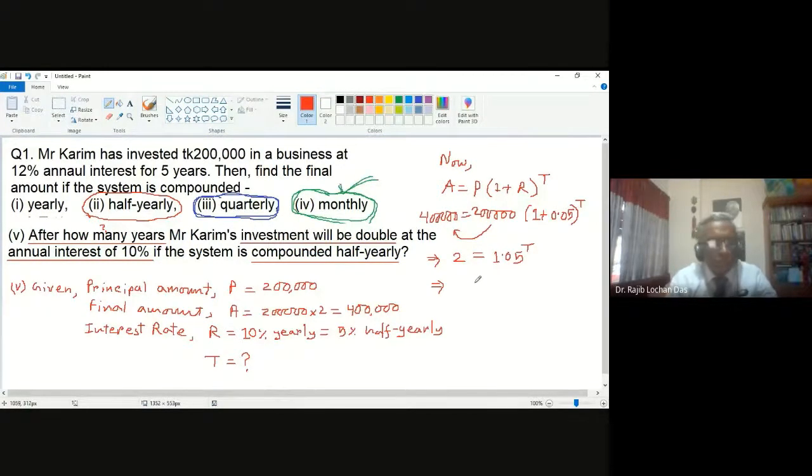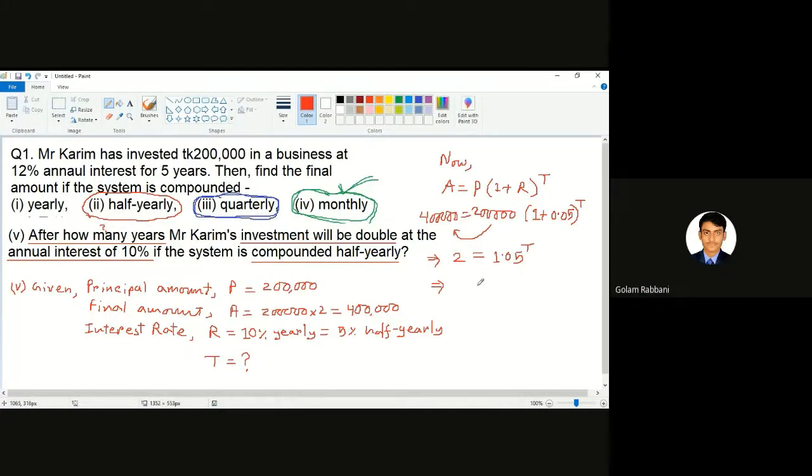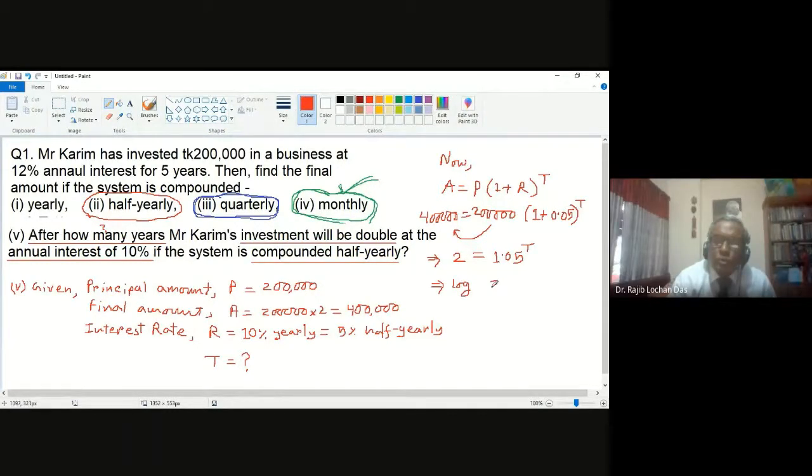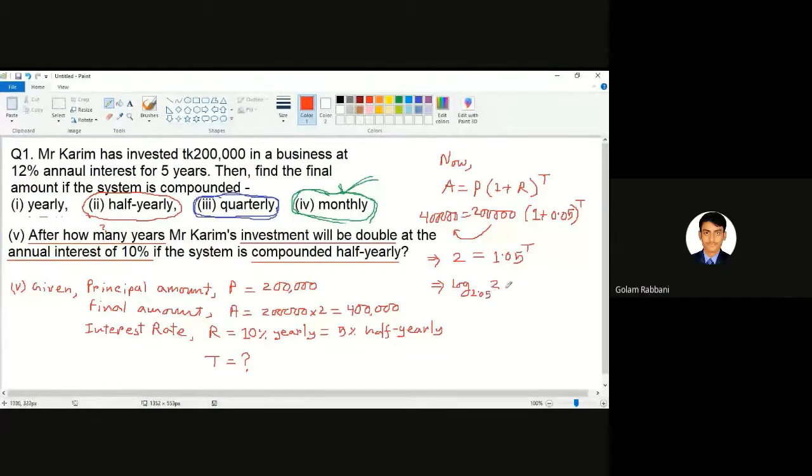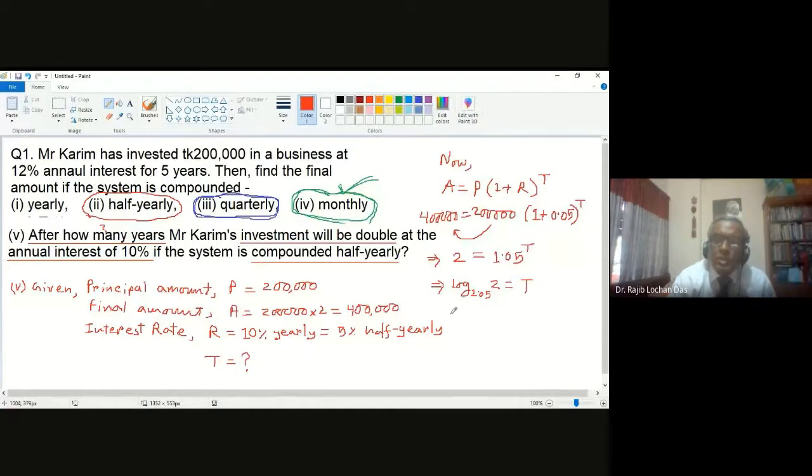So log of 2 to the base 1.05 is equal to T. In the calculator, what you will do is log 2 divided by log 1.05.